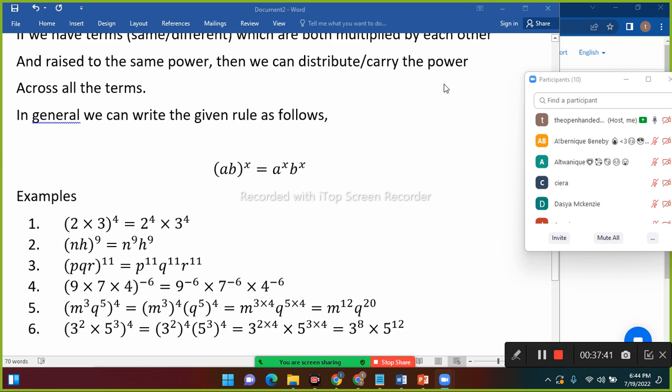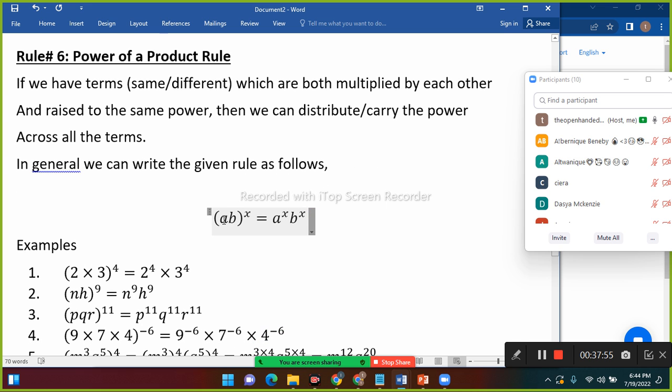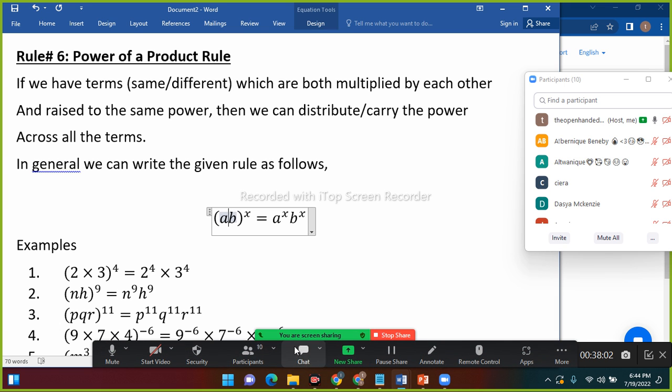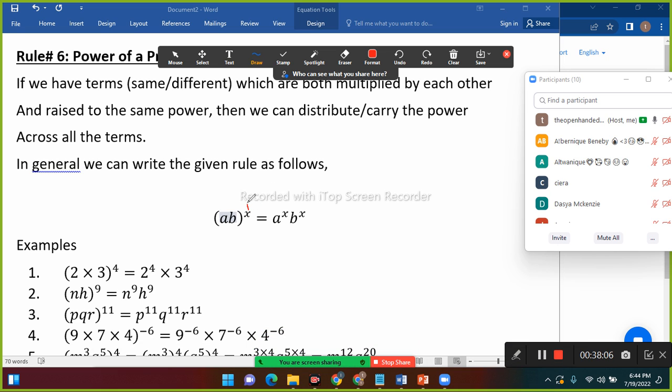we're looking at this new rule. This new rule is the power of a product rule. It says that if we have some terms inside the brackets and we have a power on the outside, we take the power and raise it to the first term, and we take the power and raise it to the second term.